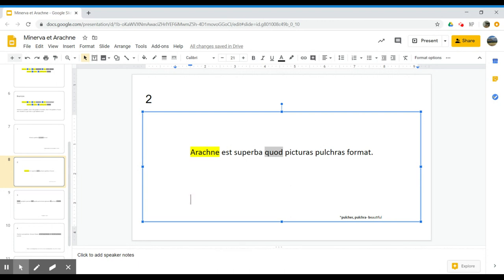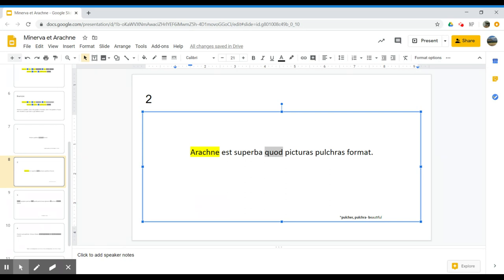So we're going to start with our subject, always, every time. Arachne est superba. See if you got your notes handy so you can find out what superba means. Superbus, superba is an adjective. It means proud. So est is, Arachne is your subject. Arachne is proud. Quod, take a look at your vocab list. I know you have it handy by now.